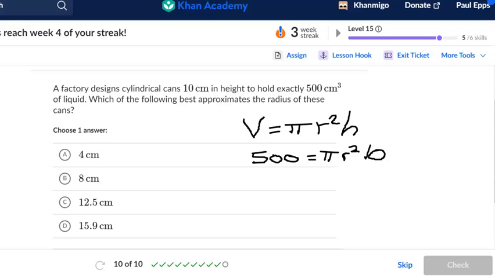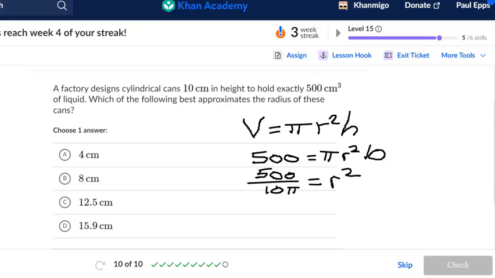All right, and we want to solve for r. So let's divide both sides by 10 pi. We'll have 500 divided by 10 pi equals r squared.